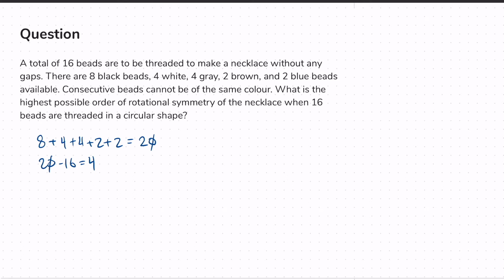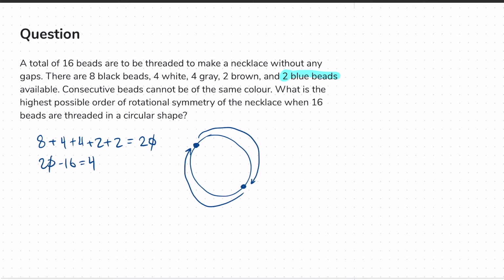Now, what would happen if we put the blue beads on? Well, there are 2 of them there. At best, let's say this is our necklace. I can put one blue bead over here and another blue bead over here. And no matter what happens with the rest of the beads, we can only have 2 orders of rotational symmetry.